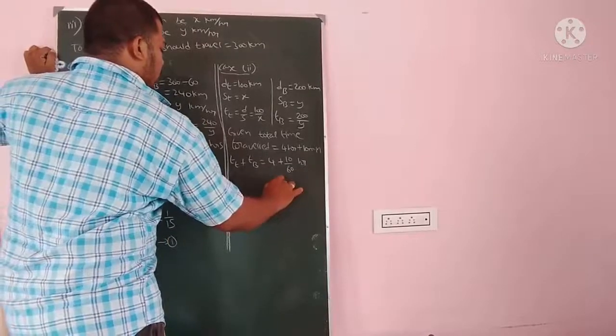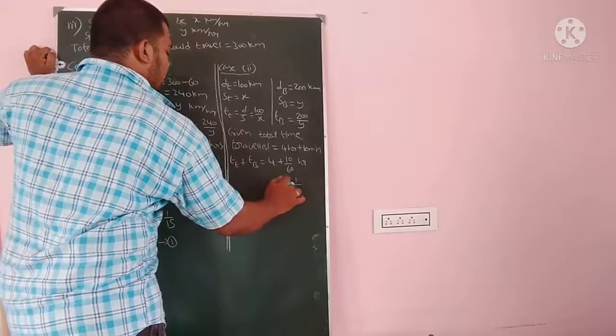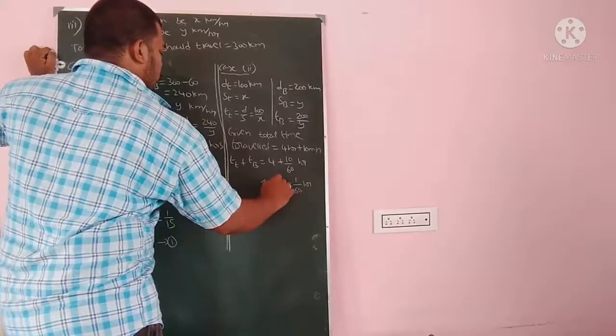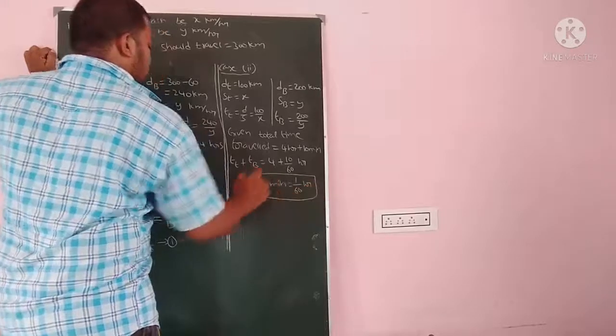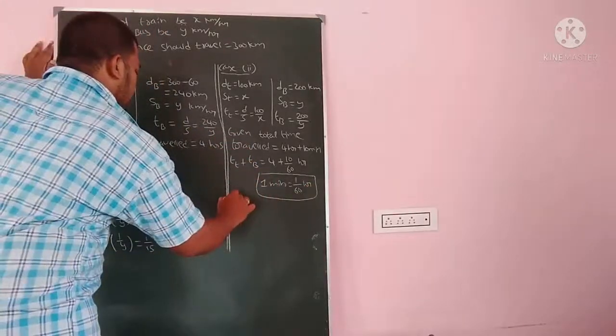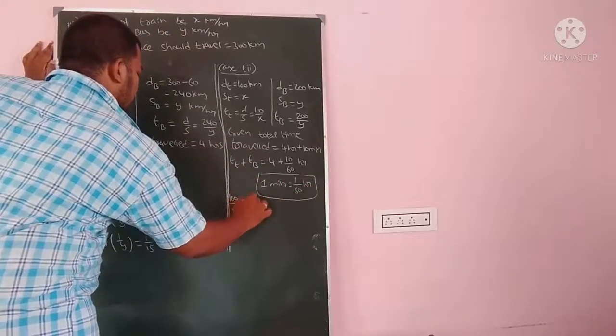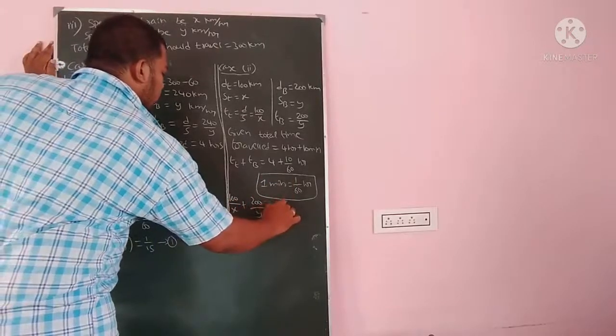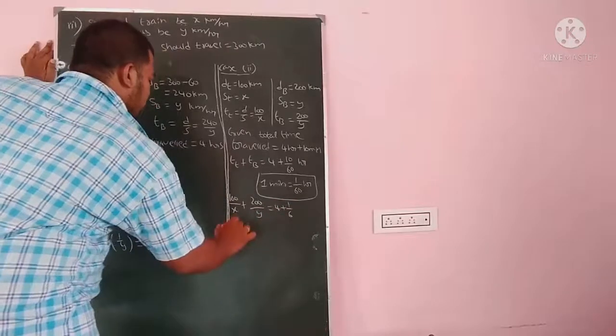Why? Because 1 minute is equal to 1 by 60th hour. So by that we can write 100 by x plus 200 by y equals 4 plus 1 by 6.